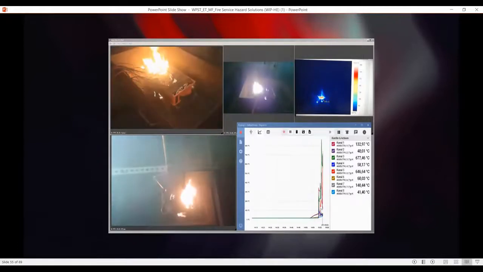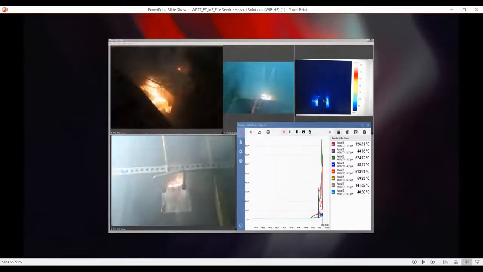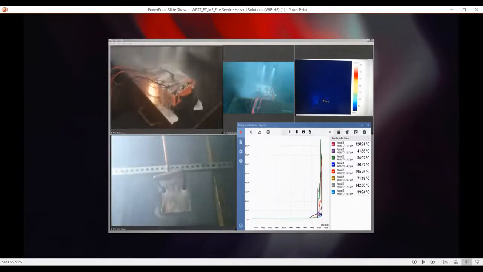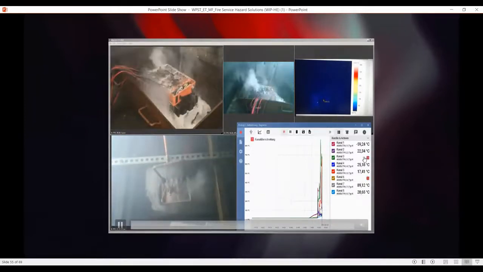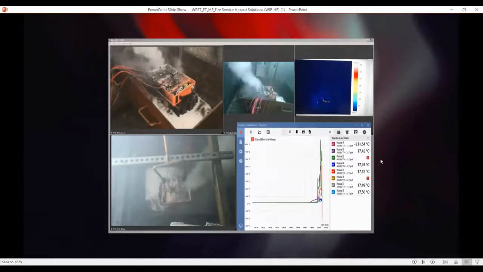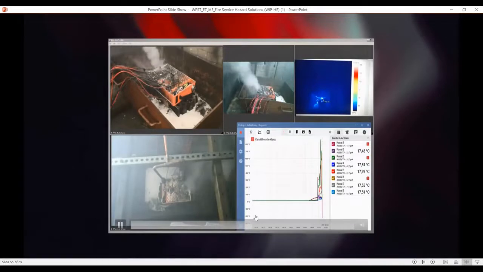Just watch the temperatures on that temperature gauge as the agent starts to discharge on the battery. We were over 670C. We're now down to 19C and below. So that single application on the battery rapidly suppressed the fire, cooled all the surrounding cells, and stopped that thermal propagation from cell to cell.